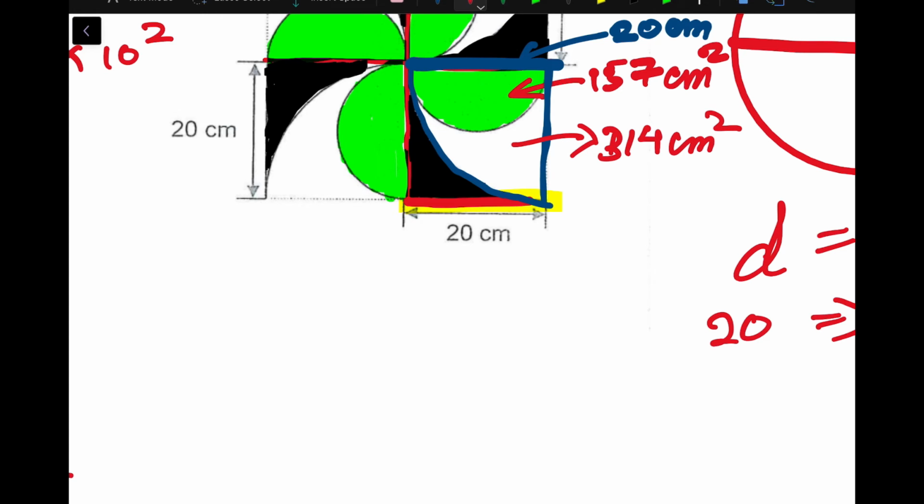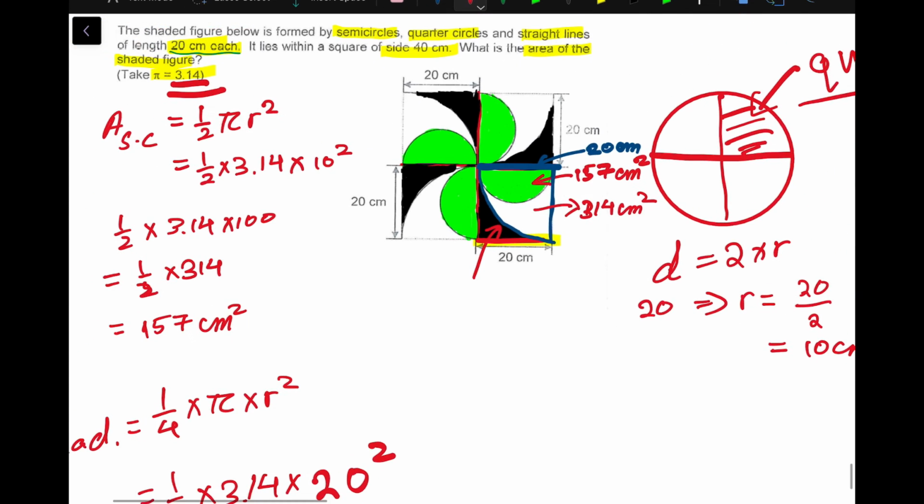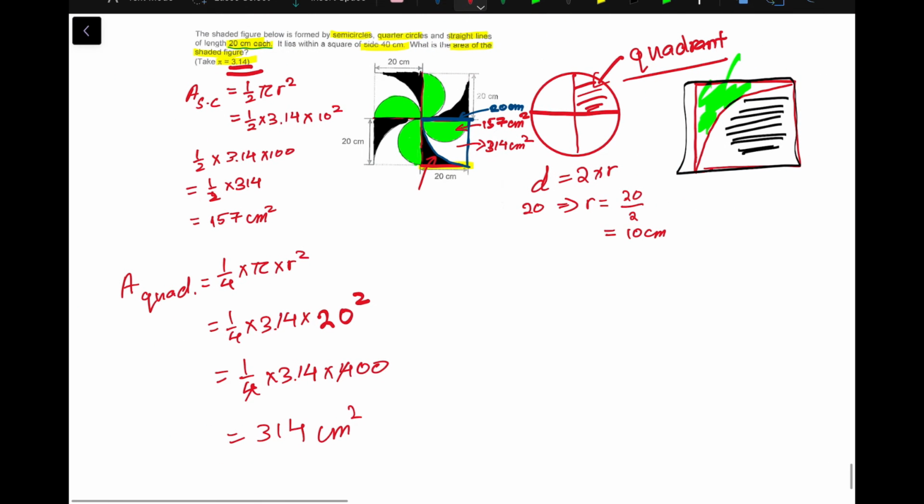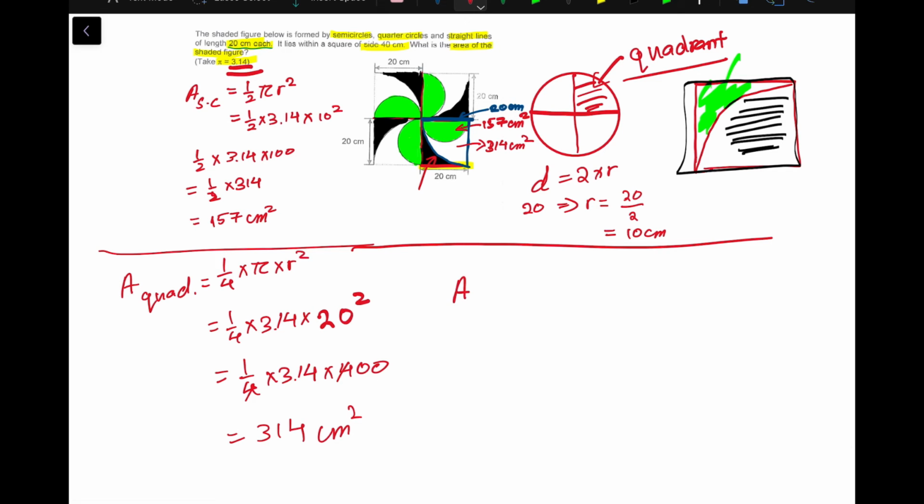So now we have to find the area of this black region, which would simply be the area of the small square minus the area of this quadrant.